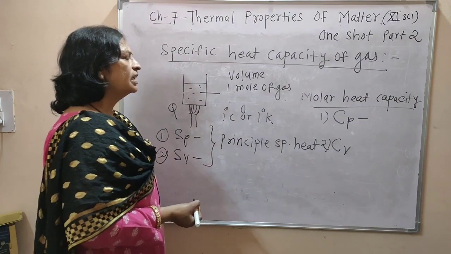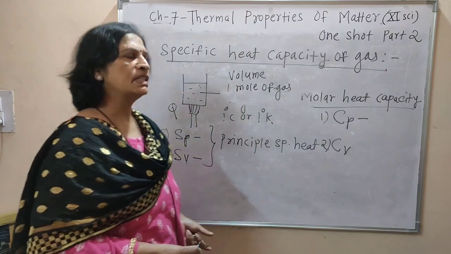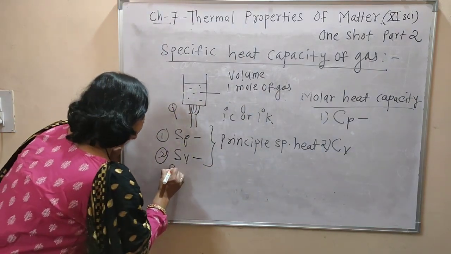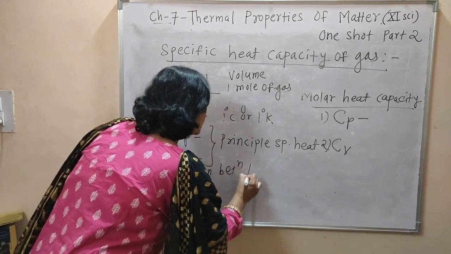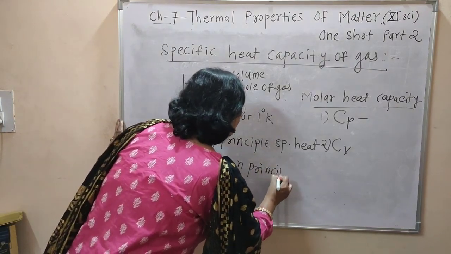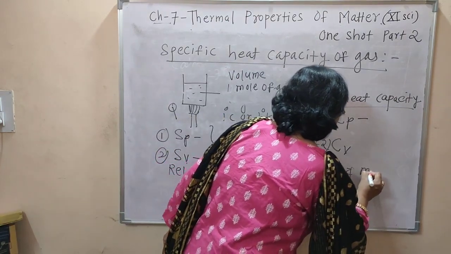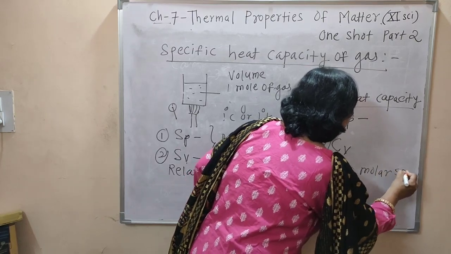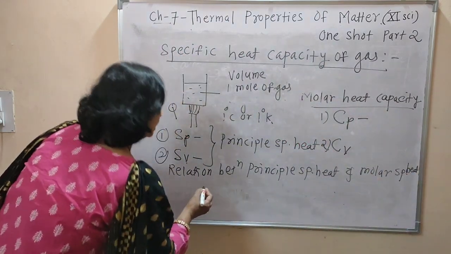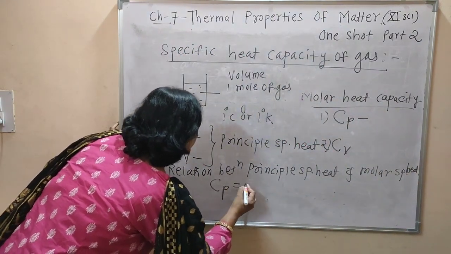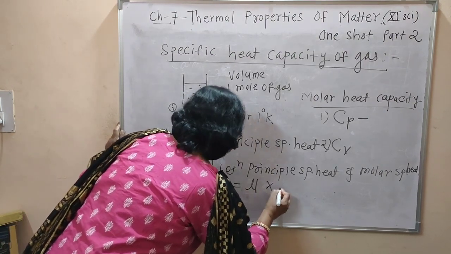Now we have to study the relation between the principal specific heat and molar specific heat. The molar specific heat is equal to the molecular weight into the principal specific heat.